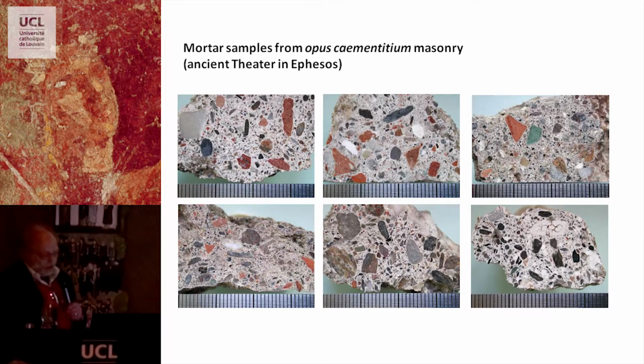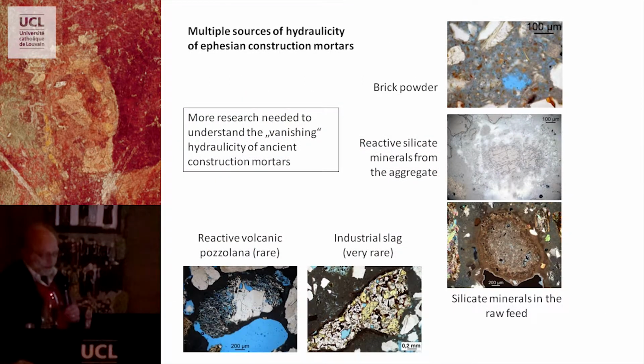And these, as opposed to the wall paintings, are just construction mortars of Ephesus, so most of them have brick components and brick powder, cocciopesto mortars. They are very, very hydraulic, so the composition of the binder is very rich in silica, and sometimes there is not enough brick powder to explain this much silica.